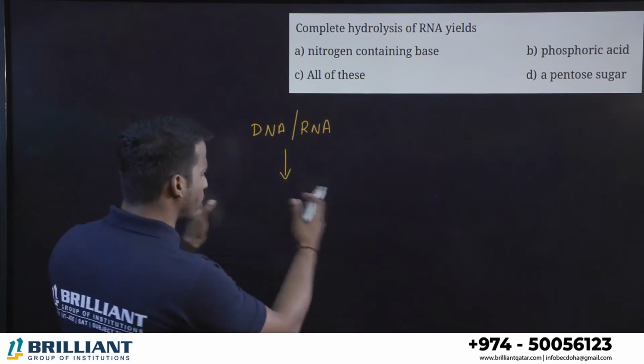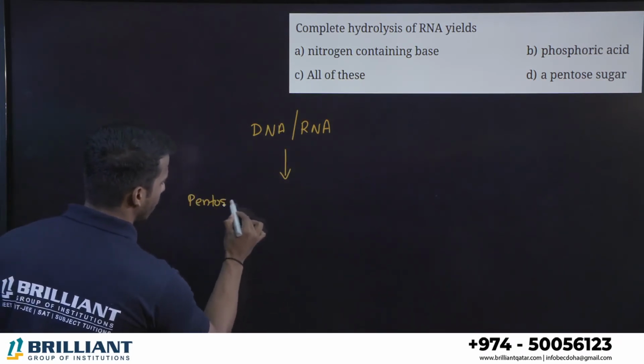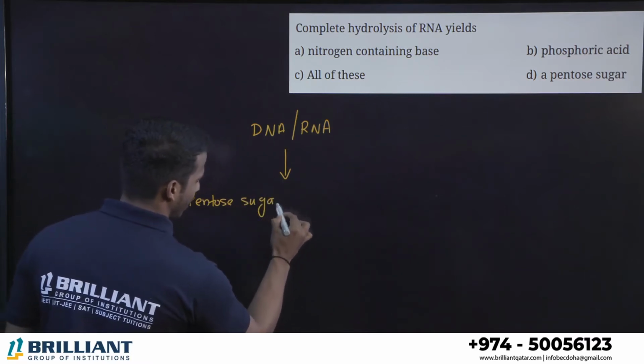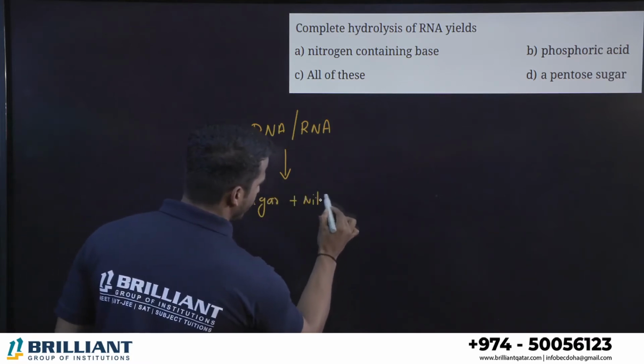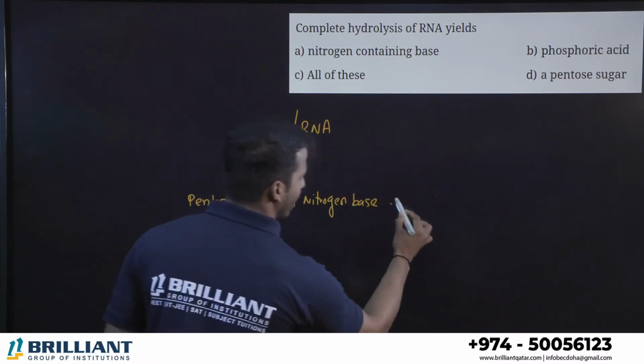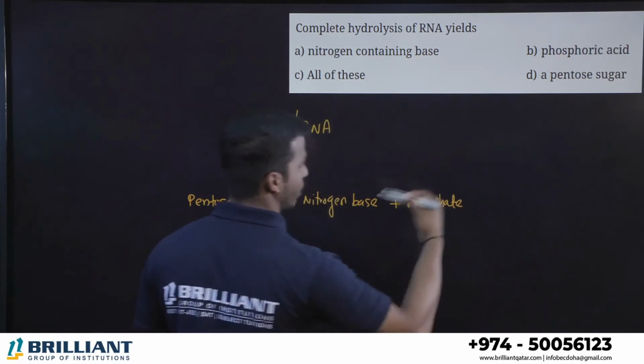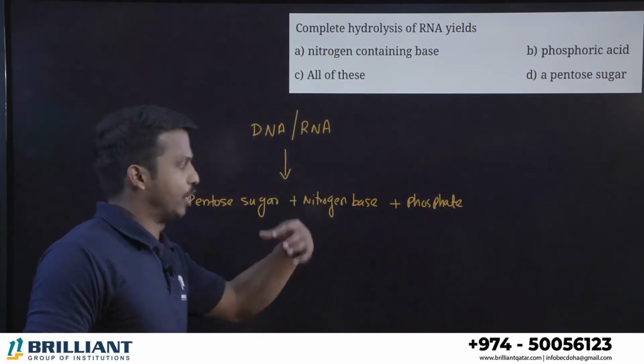DNA and RNA on splitting contain a total of 3 components. One is pentose sugar. Second one is nitrogen containing heterocyclic base, and the last one is phosphoric acid or phosphate group.